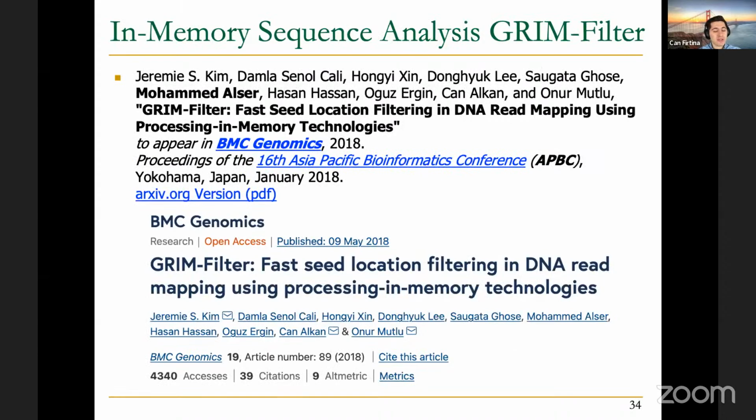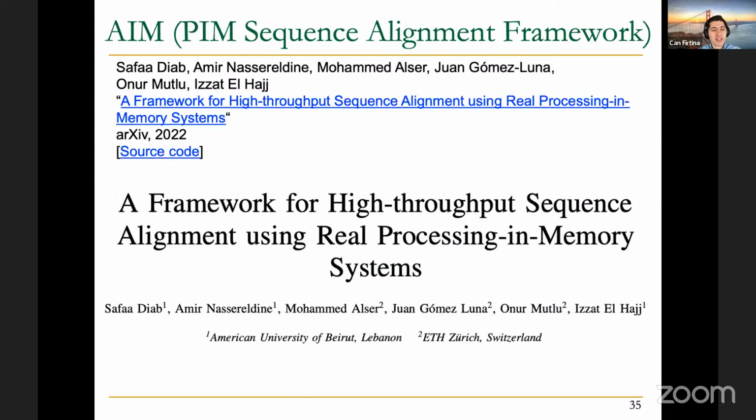So there are also other works. For example, this work uses, again, in-memory computing to perform fast genomic sequence identification, let's say similarity identification. There is another work that uses a real in-memory device to perform sequence alignment, again, one of the steps in genome analysis.